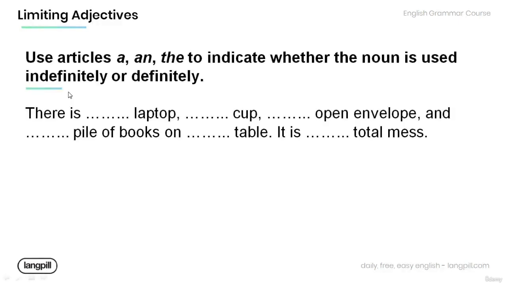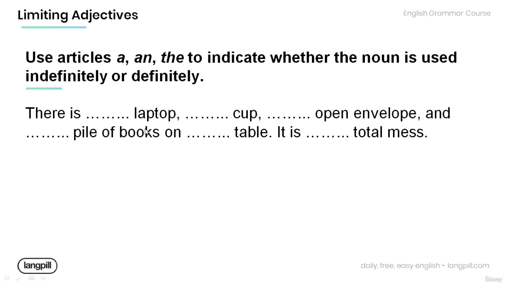Now let's review and practice a bit. Remember that we use articles a and the to indicate whether the noun is used indefinitely or definitely. Now read the following sentence and fill in the blank using the appropriate article.